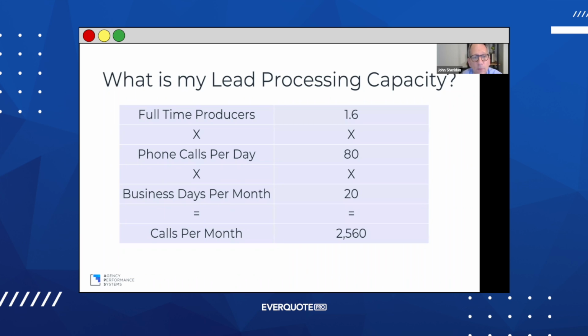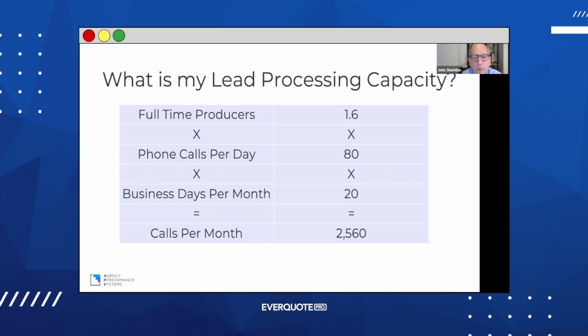So in this case, we're going to use the 1.6 from the prior slide. We're going to use 80 here as a phone call number per day. Now that number may or may not work for you. If this is a manual dial kind of basic capacity number. If you're using follow-up tool, Ricochet, any of these other platforms, numbers in the hundreds are probably more commonplace for you. But we're going to use 80 for the case here in front of us.